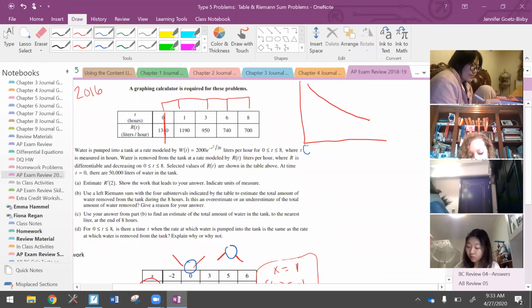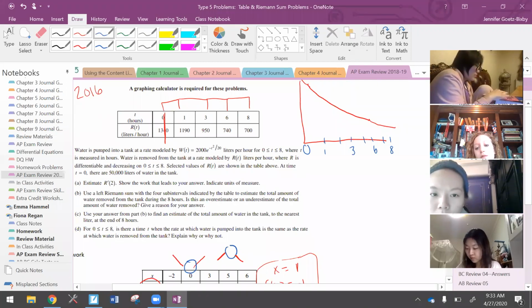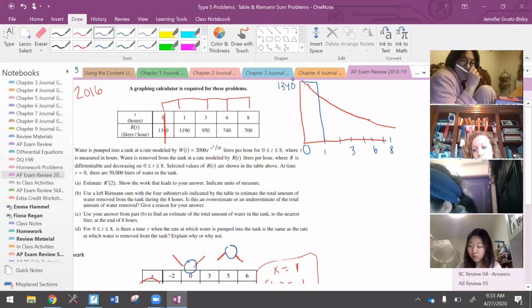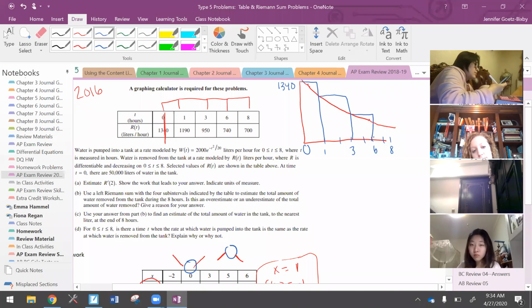Here's going to be 0, 1, 2, 3, 4, 5, 6, 7, 8. For my first subinterval from 0 to 1, I'm going to take the value on the left side, which is this 1340, and that's what I'm going to use for the height of my rectangle. And then from 1 to 3, I'm going to use this. From 3 to 6, I'm going to use this. And from 6 to 8, I'm going to use that.